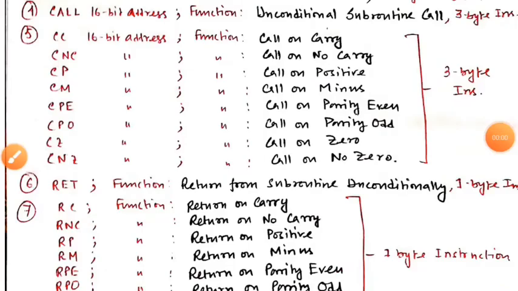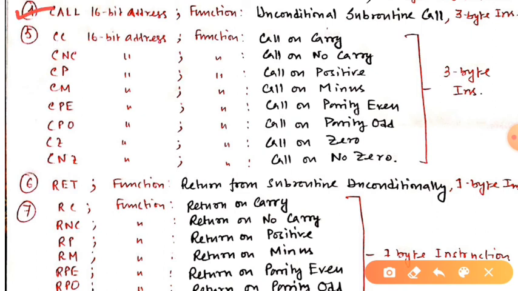Okay. Now let us discuss all the conditional call instructions. They are similar to all the conditional jump instructions. So obviously, now there is a condition. In the previous case, the simple unconditional call instruction, the program sequence is always transferred to the specified memory address. But in the conditional call instruction, it is transferred only when a certain condition is met.